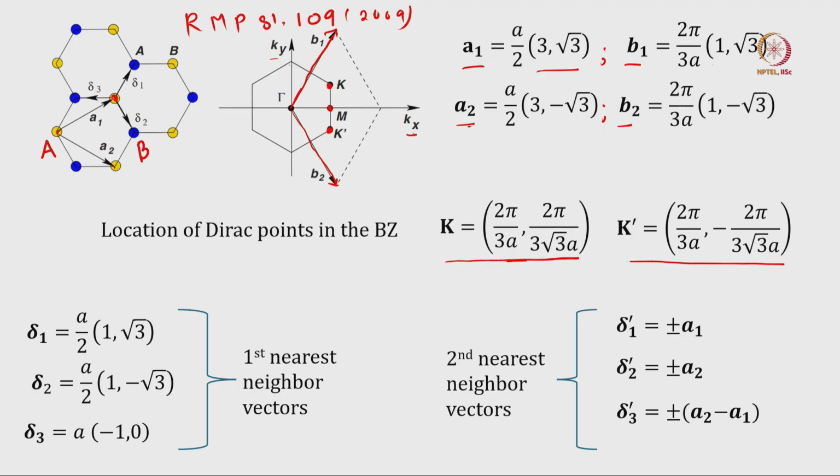Take any site which is an A site, and we will consider this as B. The nearest neighbor is a different atom that sits there, so the nearest neighbor term will give an off diagonal term, and the nearest neighbors are these three. We will talk about next nearest neighbor later.